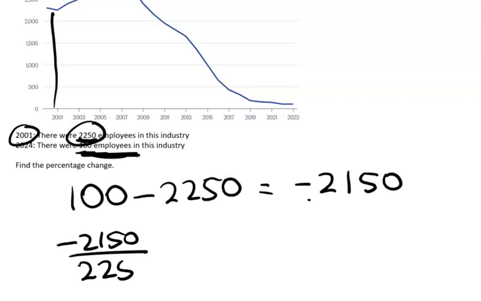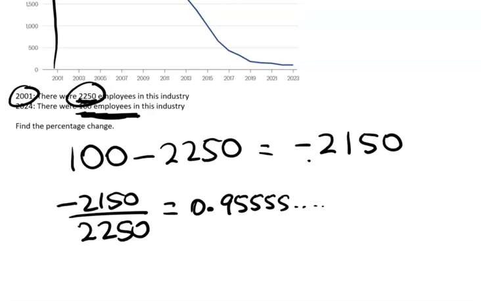2,250 people. And what am I doing now? I'm turning that into a decimal, and we get 0.95555..., which is telling me that nearly all, or nearly 100%, of those jobs have gone, right? But it's a negative, and so that gives me negative 95.6%.